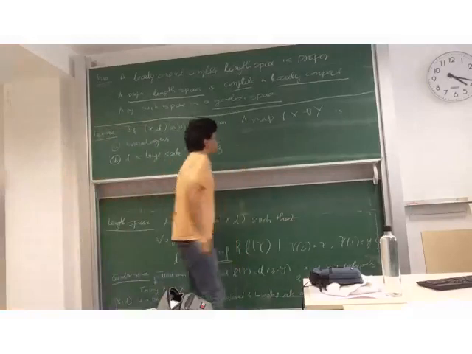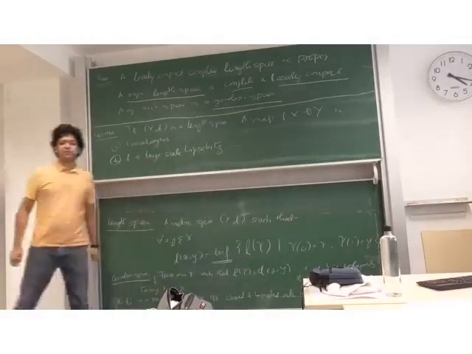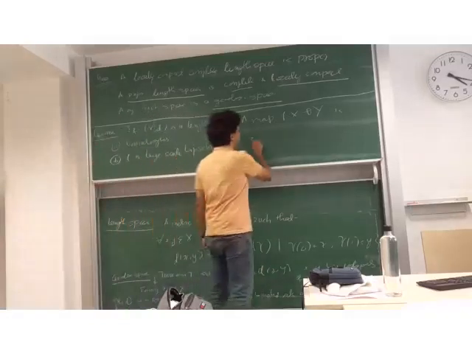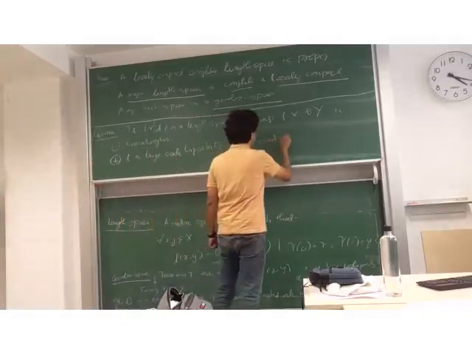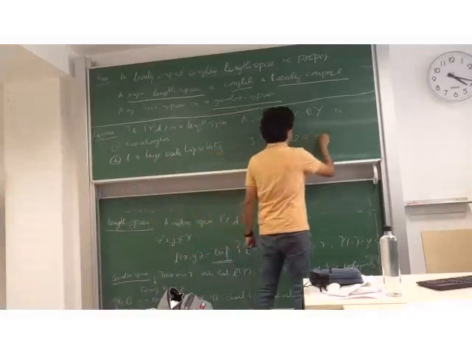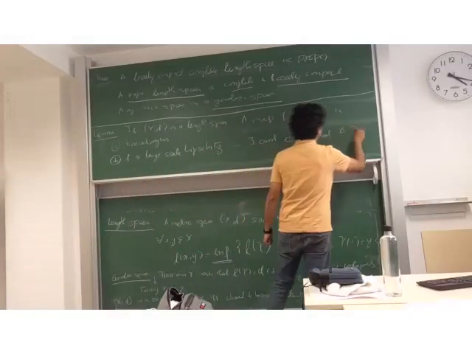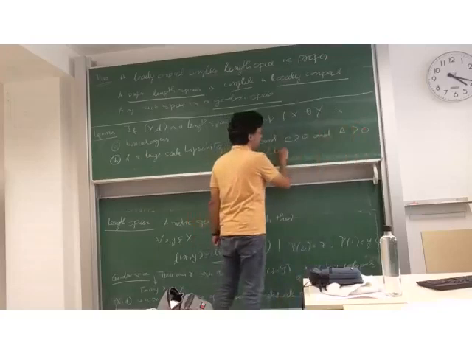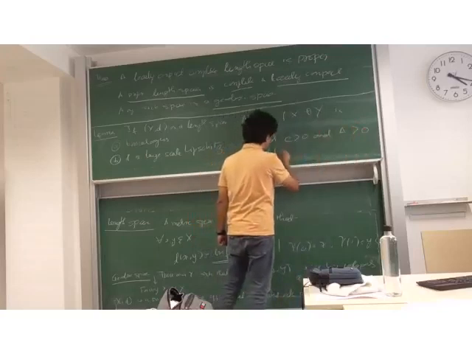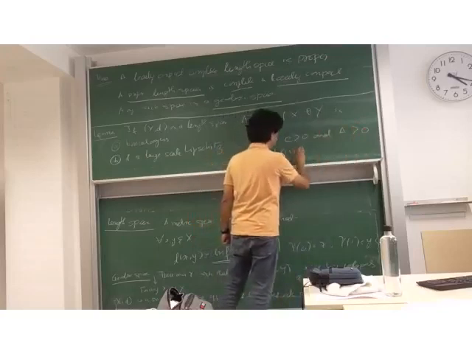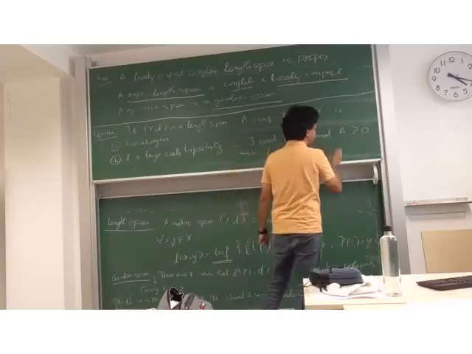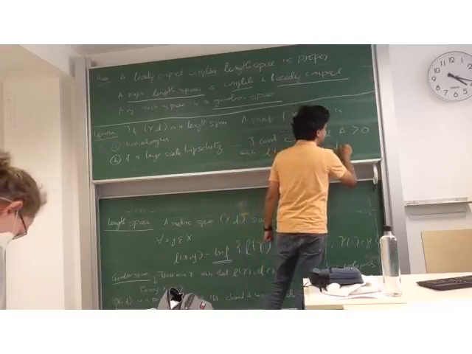So what does it mean to be large scale Lipschitz? This means that there exist constants c greater than 0 and a greater than 0 such that the distance of f(x), f(y) is less than or equal to c times the distance of x, y, plus a.